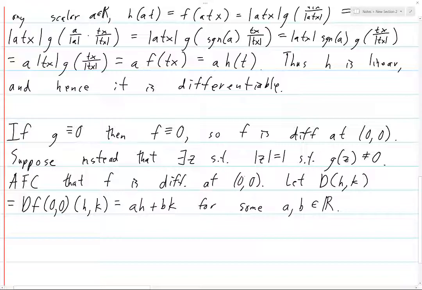So for d at (h,k), for the derivative d to be a linear function from R2 to R, that means that it can be written in this form. So there's some a and b in R that allow us to do this. Okay, so now what?